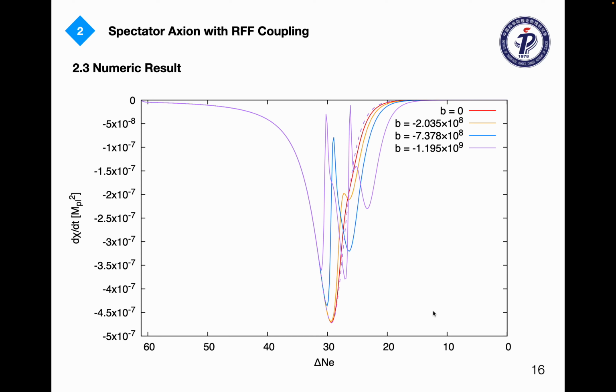So since the axion has less friction, it will accelerate again, which will generate such oscillatory patterns in the velocity of the axion.